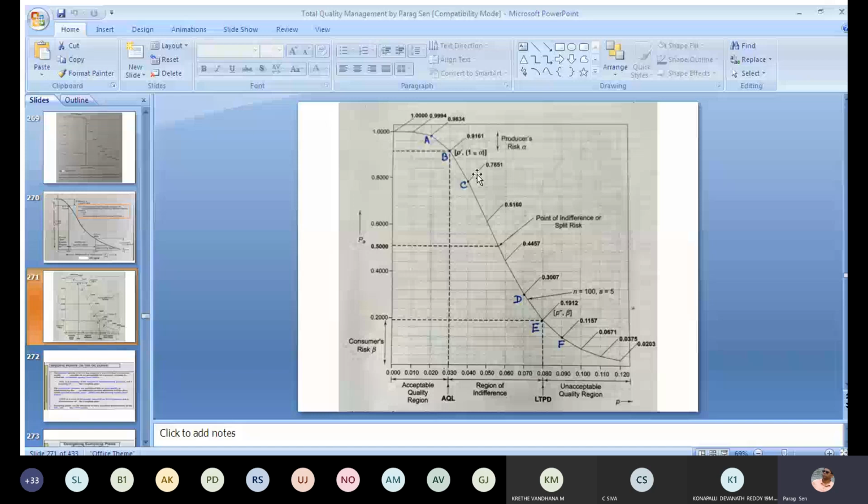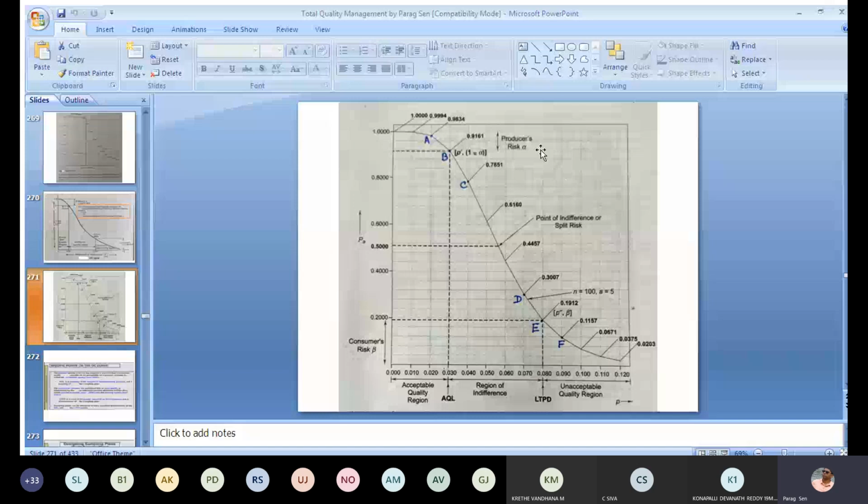So for this particular picture, if you are asked that if a lot contains 3% proportion defectives, then what will be the producer's risk?